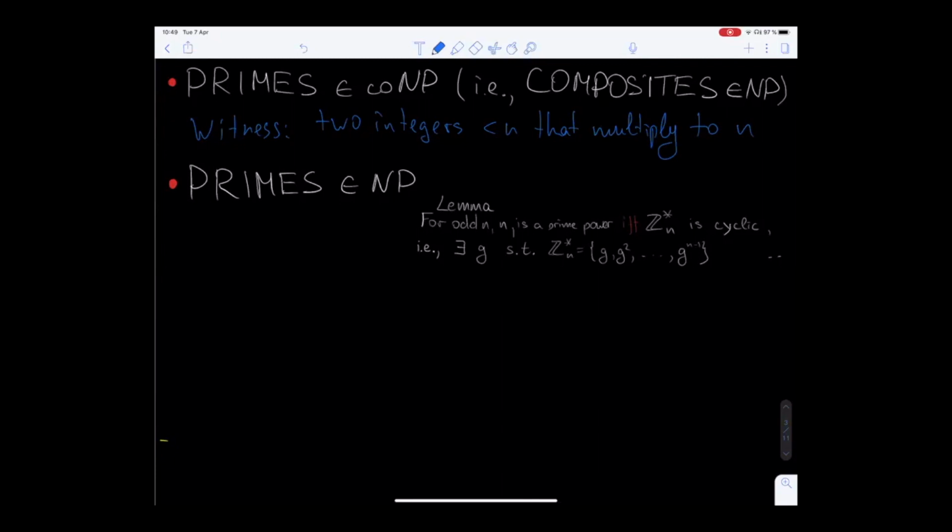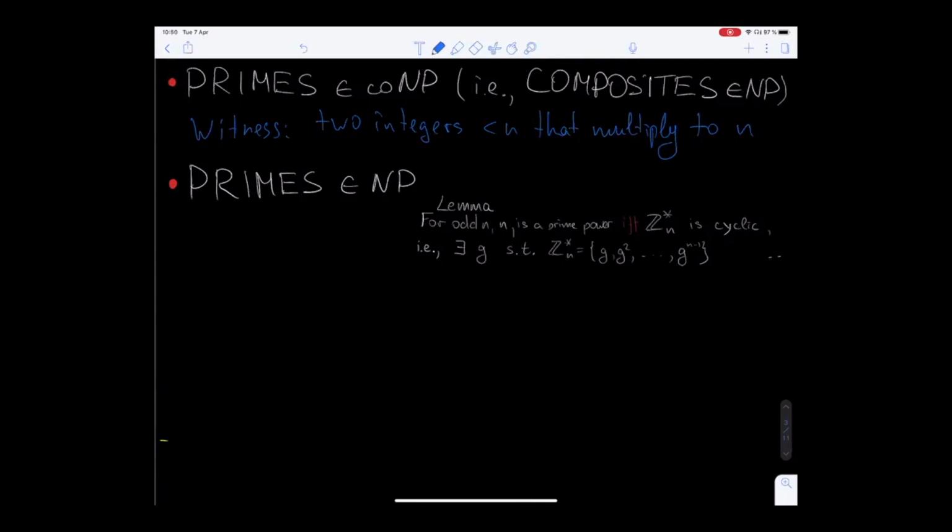This group is cyclic, so n is a prime power if and only if this group is cyclic, which means that there exists a generator G such that the whole group is generated by its powers.